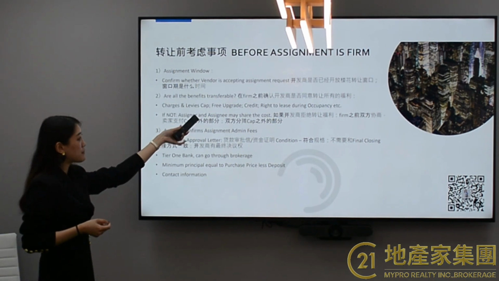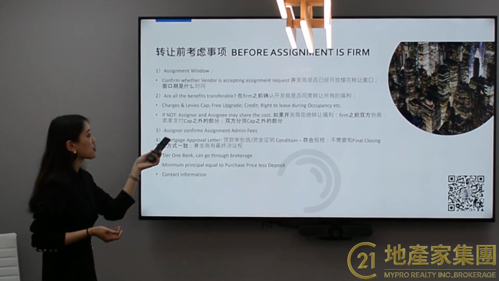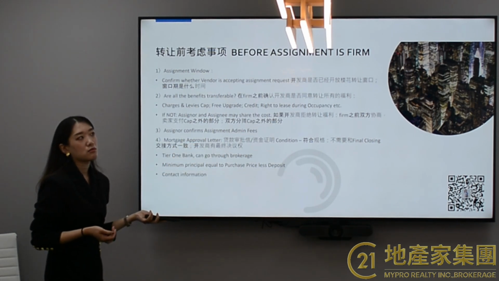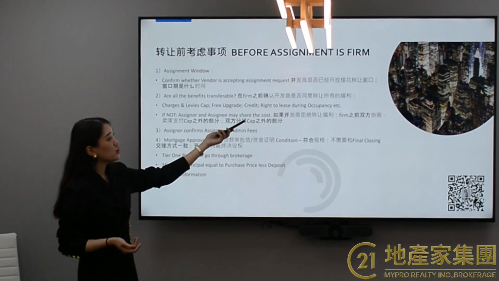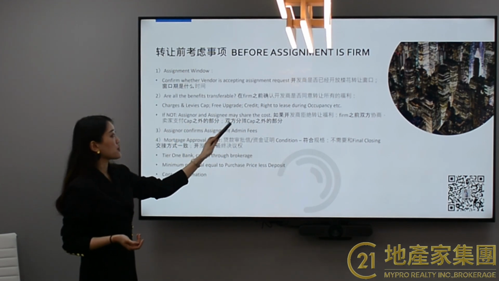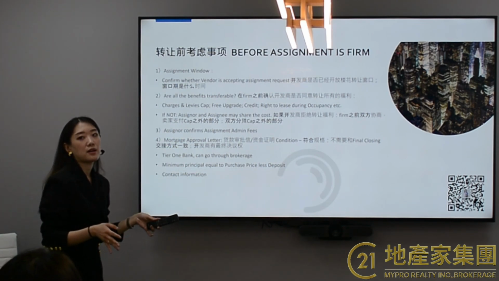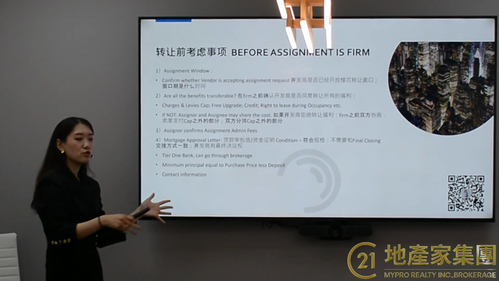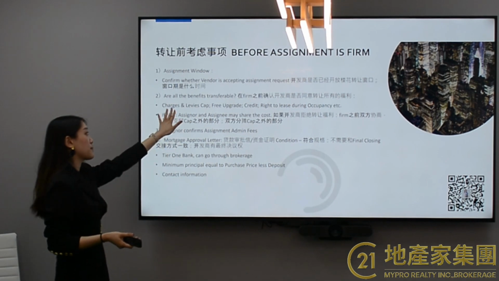And then sometimes there are free upgrades given by the vendor to the assignor. And there could be other credits. We have seen credit given for 2 years of management fees. And there's the right to lease during occupancy. So all of those are additional actual benefits given to the original buyer, the assignor. If the assignor continues the transaction and closes with the vendor, then the assignor will get those benefits.